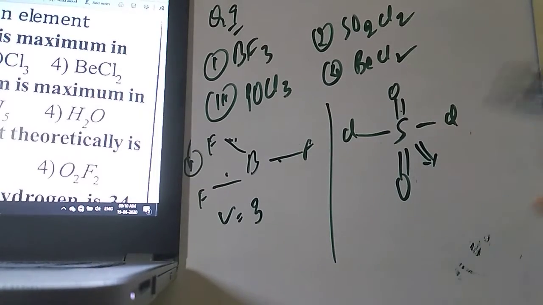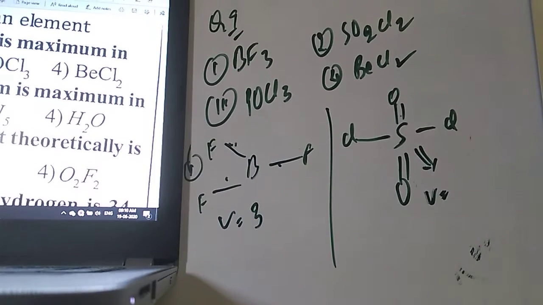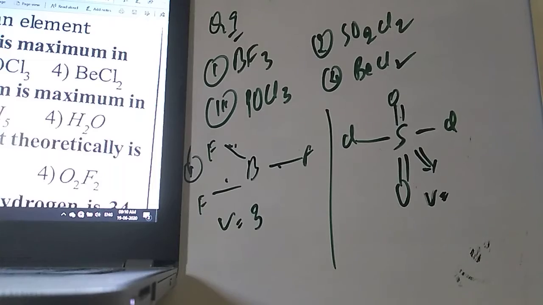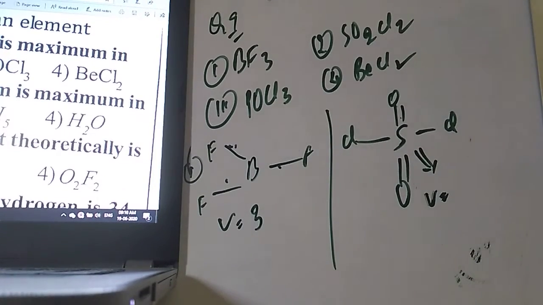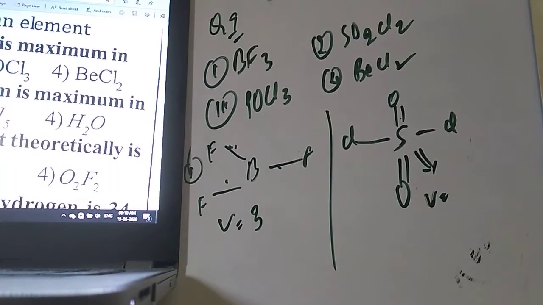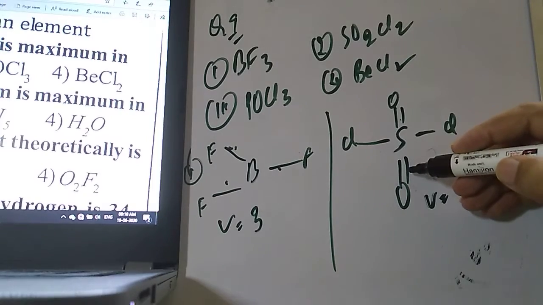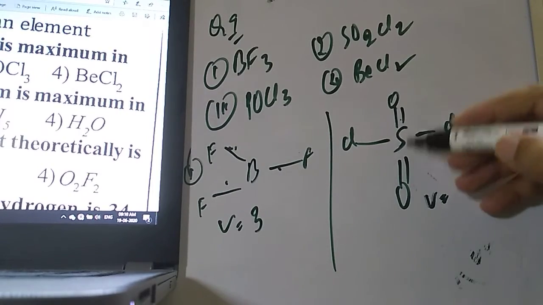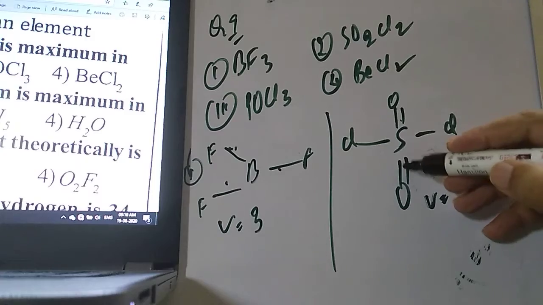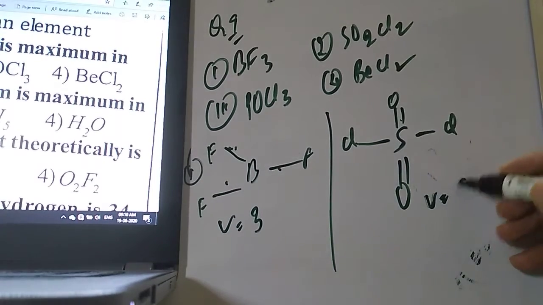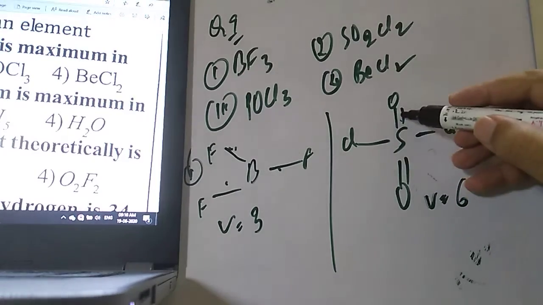This is coming to more bonds. Sulfur is capable of forming how many bonds? Here 2 to 4, 5, 6. Valency is 6, student.